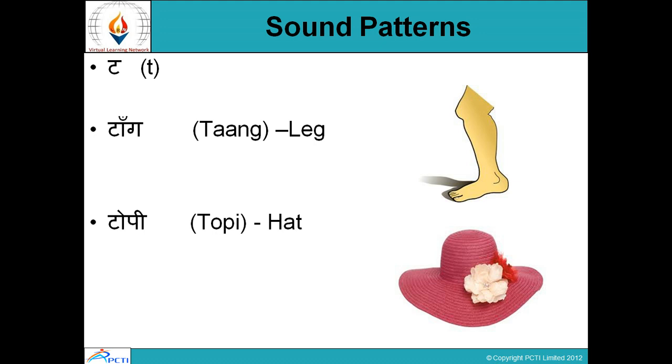Next is topi. Sound of O with the topi. Topi is what? Hat. You can see in the picture, we use this kind of hat, especially girls like them very much.